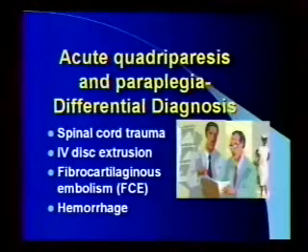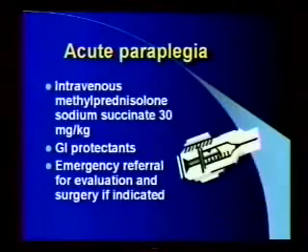Hemorrhage can also cause acute paralysis of the hind limbs or all four limbs also. So these are the four things that usually you're going to be thinking of. When they have acute paraplegia, it's really important that they be given this drug, methylprednisolone sodium succinate, 30 milligrams per kilogram.